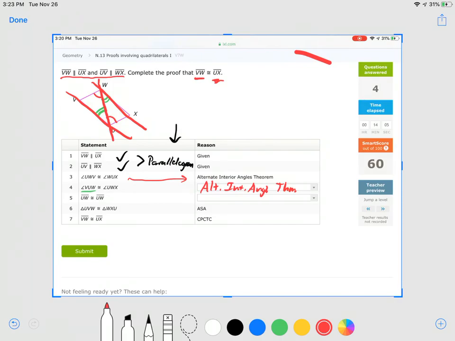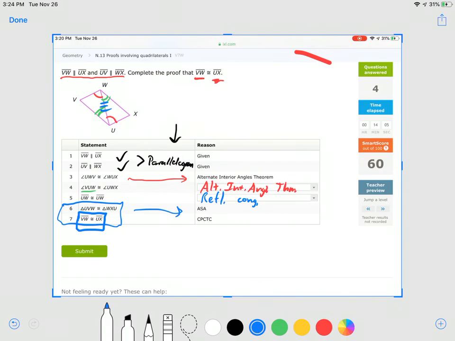Line 5 says that UW is congruent to UW. Yes, that's because it's literally the same line segment. UW is congruent to itself, so that's the reflexive property of congruence. And then notice the last two lines, how they conclude that those two opposite sides are congruent.